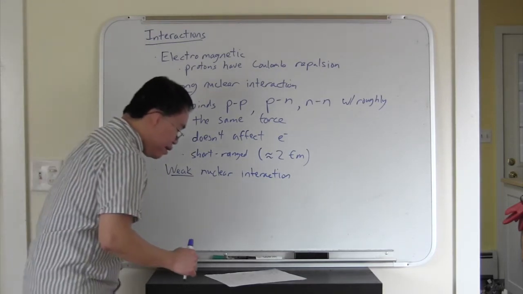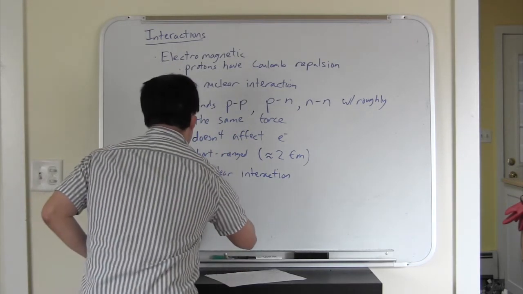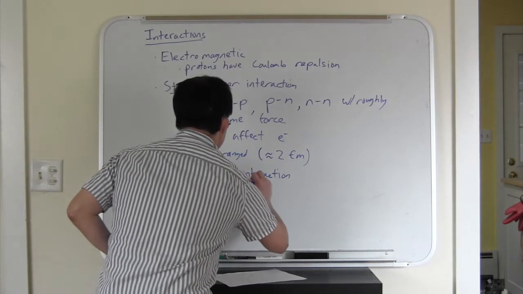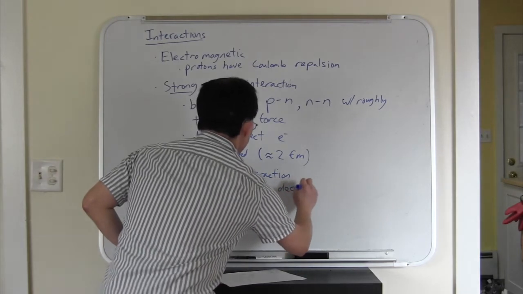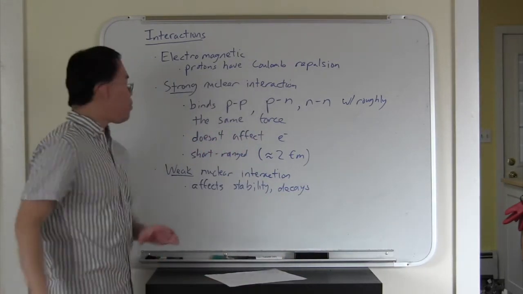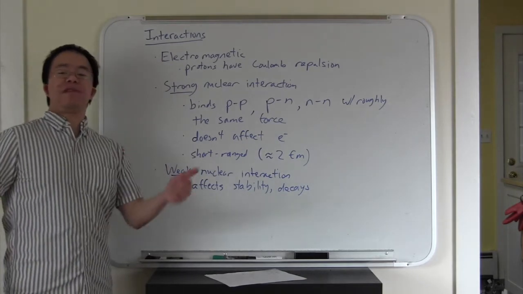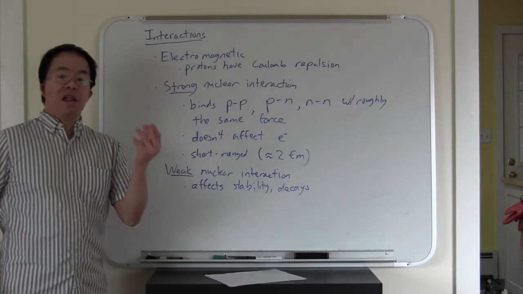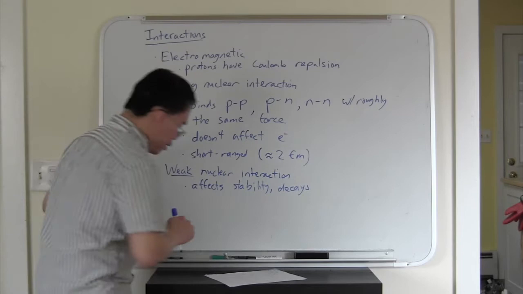But what I'll say now is that it affects stability and decays. What's interesting about the weak interaction is that it can be involved in changing the composition, changing what your particles are.